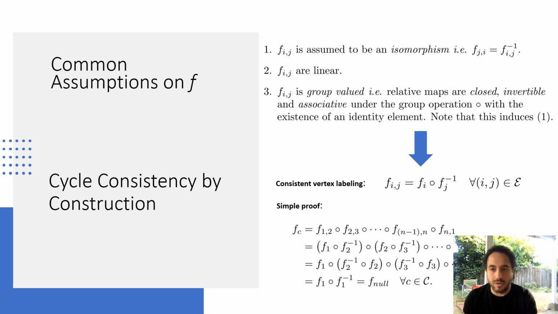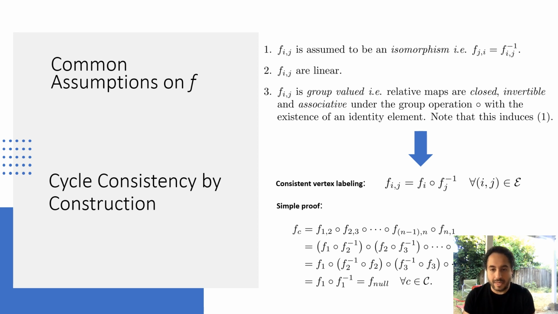Fij could be group valued, so it could have more properties than invertibility, like being closed, associative, and so on. Under this scenario, if I'm able to write Fij as Fi, the group operation, let's say just times for the moment, and Fj inverse, I should be ending up at the same relative transformation. If that is satisfied for all the edges, then I'm creating a consistent vertex labeling, which is also in alignment with what is given in the relative transformations or relative maps.